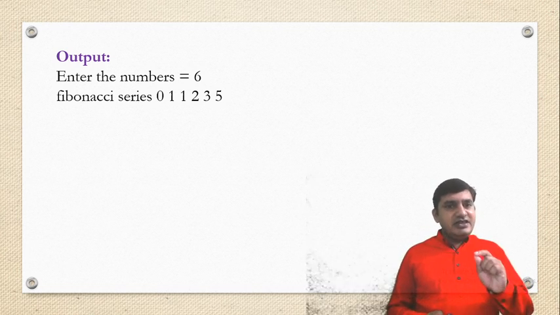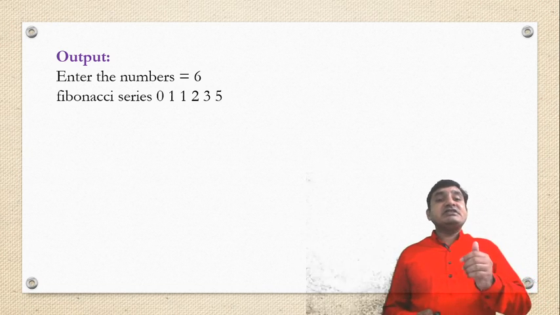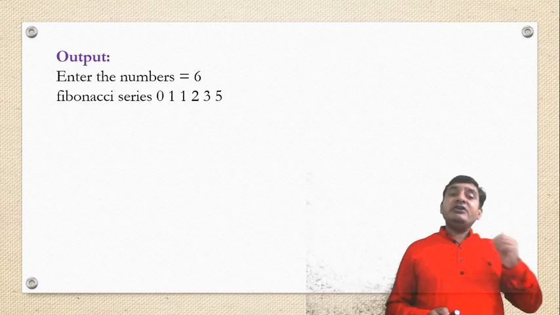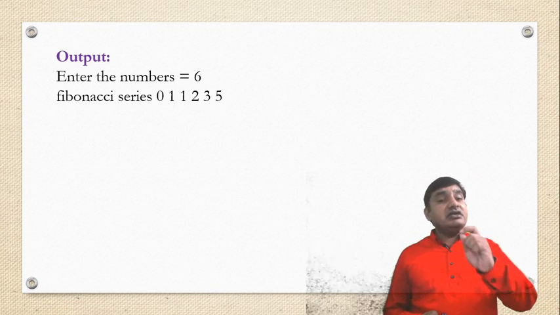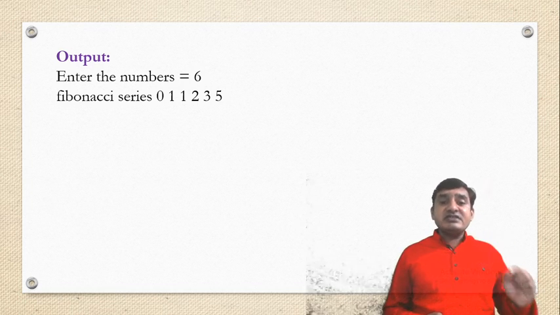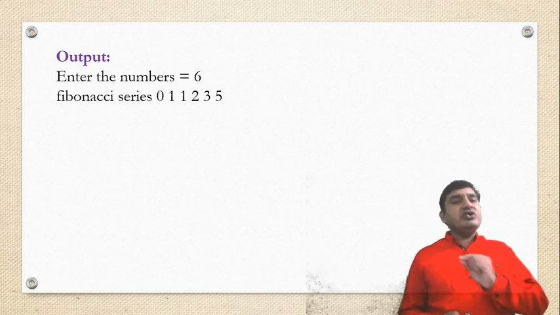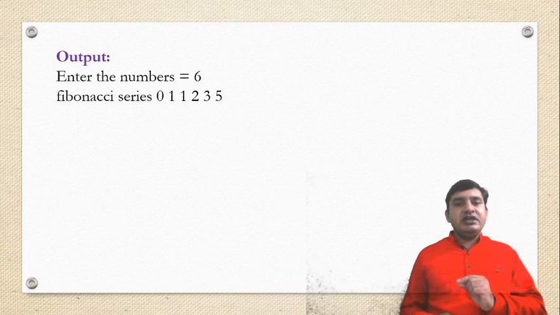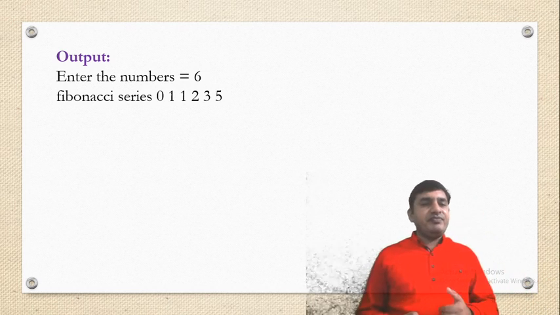FIB[1] is 1, which is the second element of the array and the second term of the Fibonacci series. Now the first term is added with the second term, that is 0 is added to 1, so we get the third term of the Fibonacci series, that is 1.